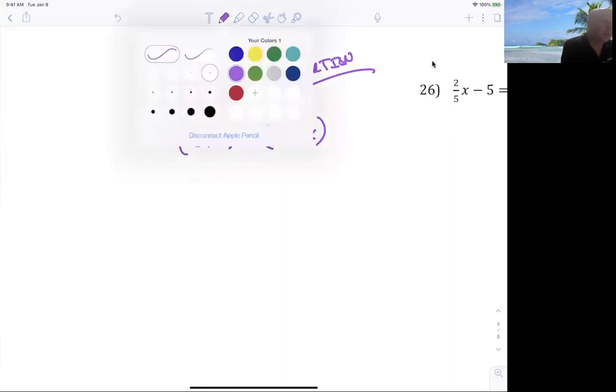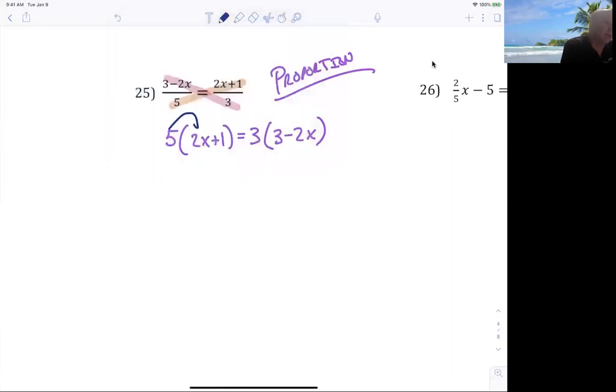Now, we're going to do some distributing, right? 5 times 2x, 10x. 5 times 1, positive 5. 3 times 3, 9. 3 times negative 2x, negative 6x.